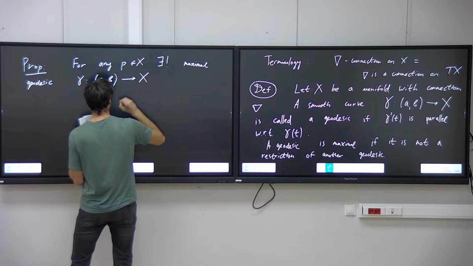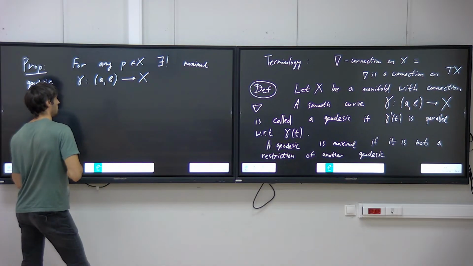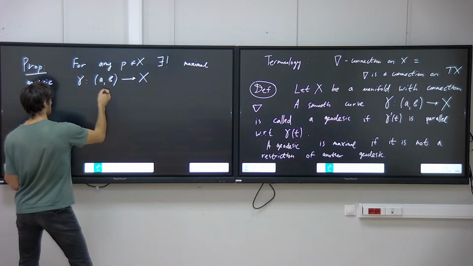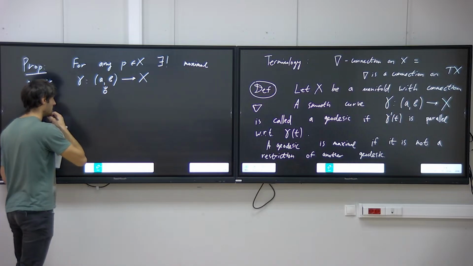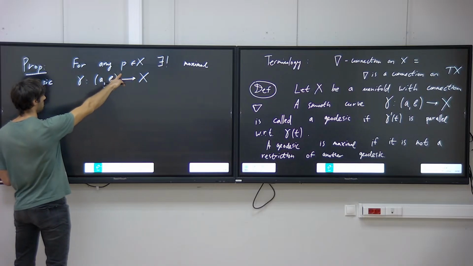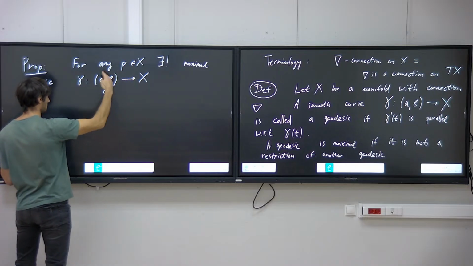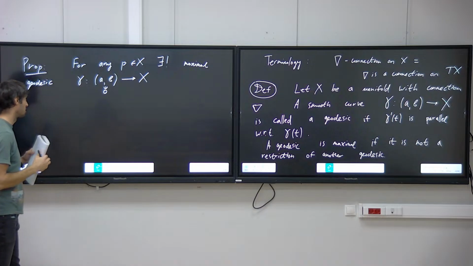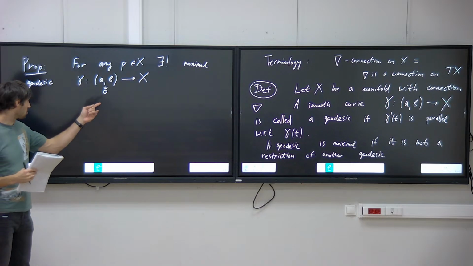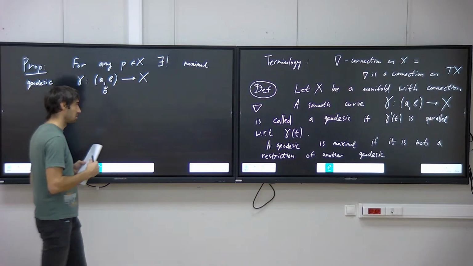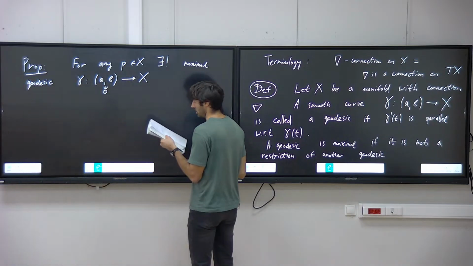And just for convenience, let's assume that the interval (a, b) contains 0 inside, because I want the parameter corresponding to p to be 0. That's just my choice.